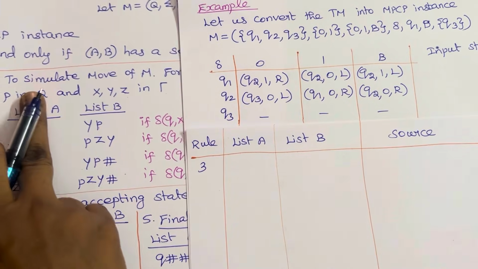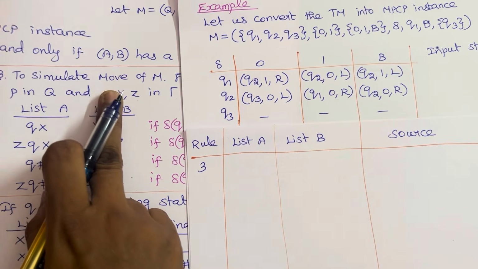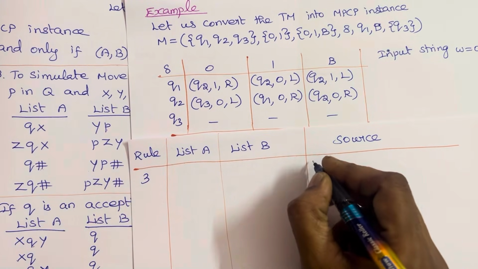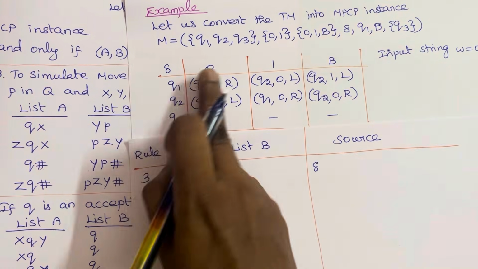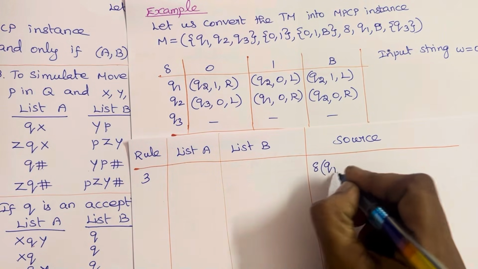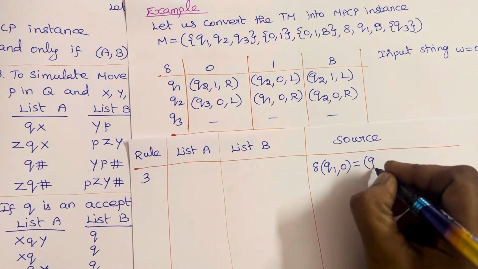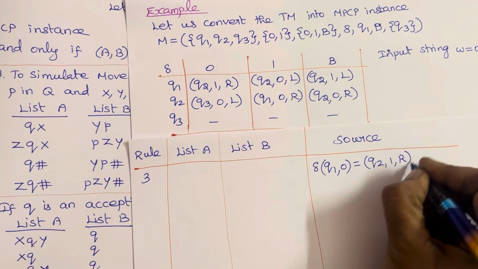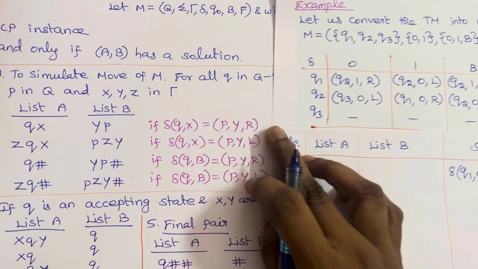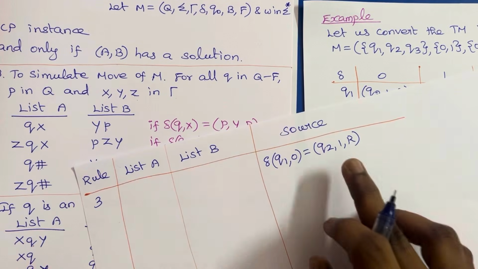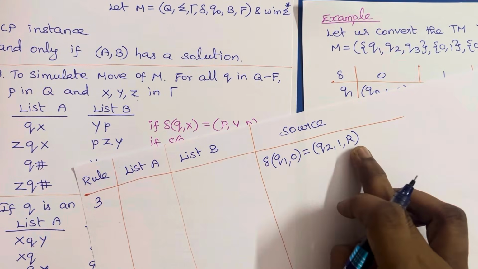So in rule 3 we need to consider all the moves of the Turing machine. So it is given as a transition diagram here. The first rule is del of q1 comma 0 equals q2 1 right move. So now we need to check which case. Okay, here we are getting tape symbol and right move.